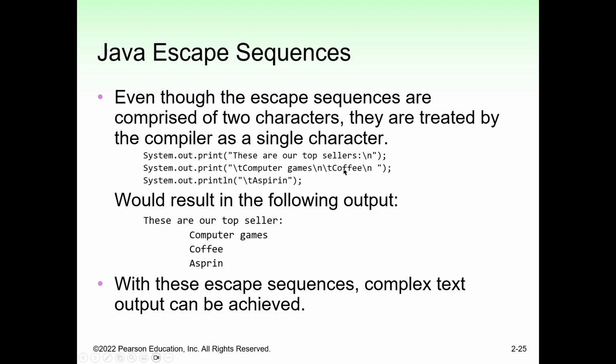So then we're printing coffee, and then we're moving our cursor to the next line, and then we're using the tab again and printing aspirin. And this is the output that you will get. These are our top sellers is going to be your output. And then there's going to be a little space right here. There's going to be a tab, computer games, tab, coffee, tab, aspirin. So this is all it's going to do.